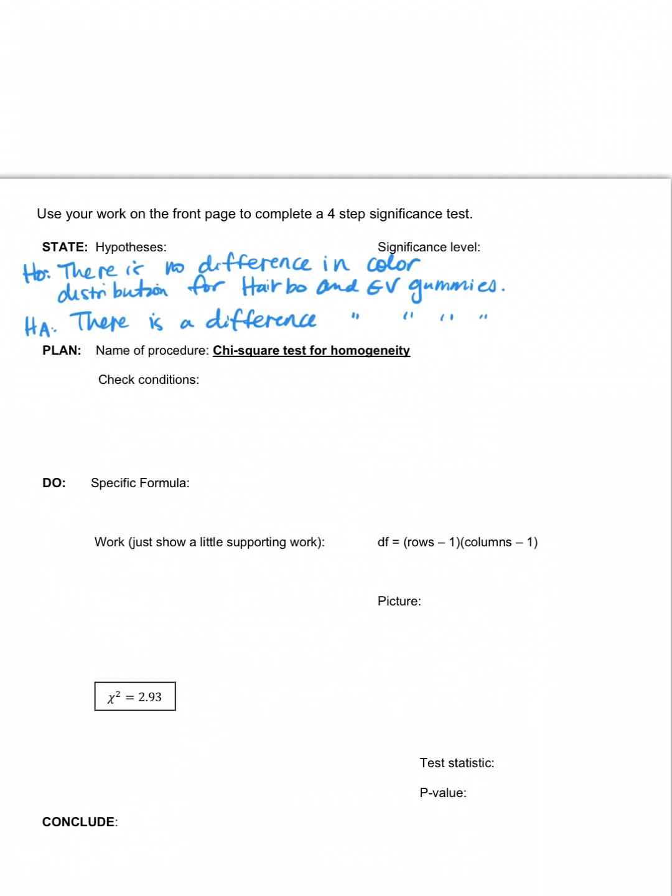Significance level is 0.05, unless otherwise stated. Now, name a procedure: chi-squared test for homogeneity. You have to learn how to spell it. Do not abbreviate homogeneity.